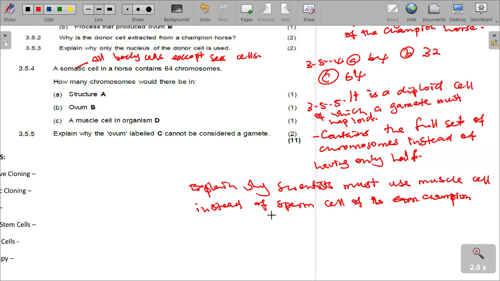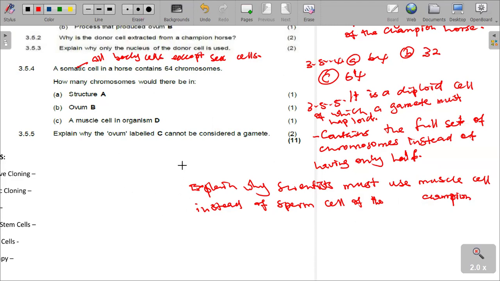Why should we use that one instead of this? Why must they use the muscle cell instead of the sperm cell?